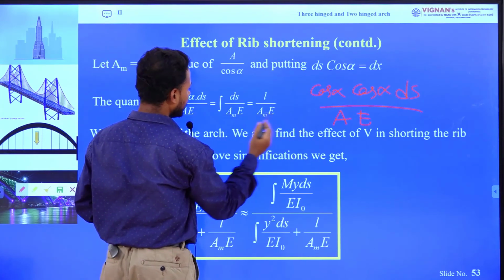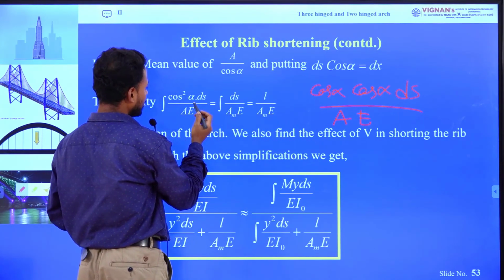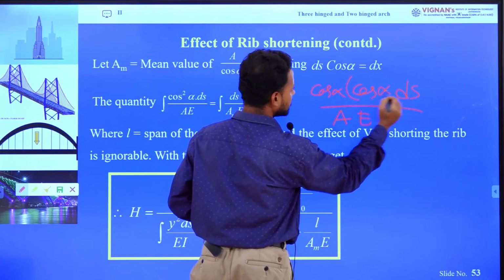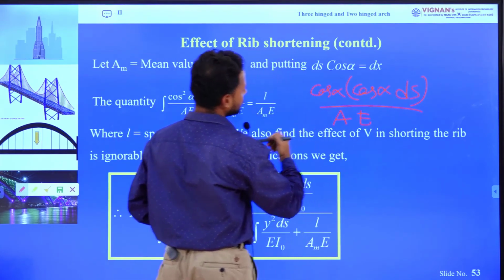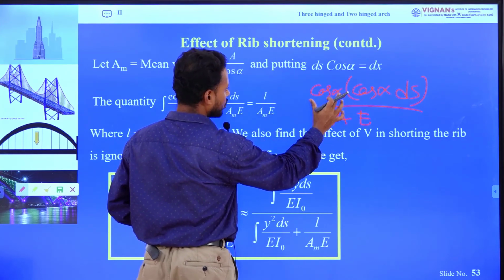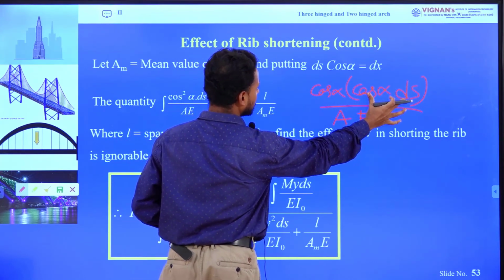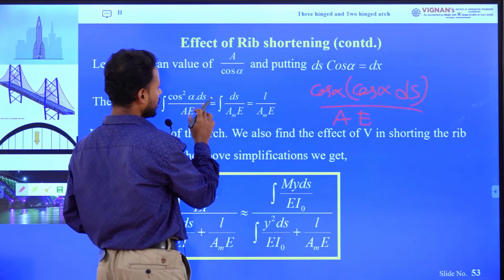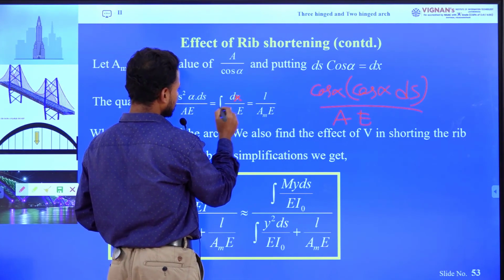E is there, so E will come here, and also the extra term is ds cos alpha. So I assume that ds cos alpha equals dx, so I have put this dx.